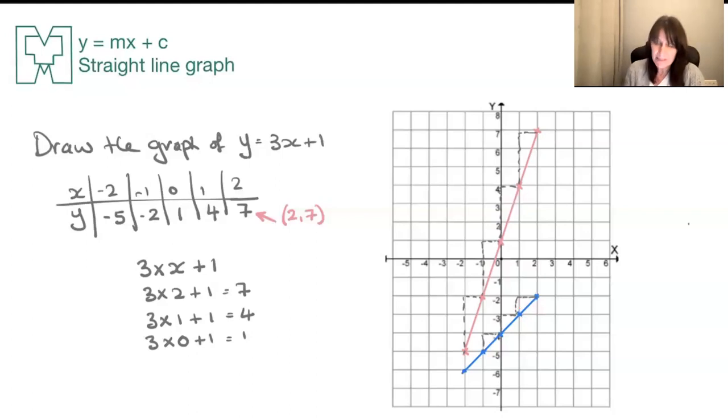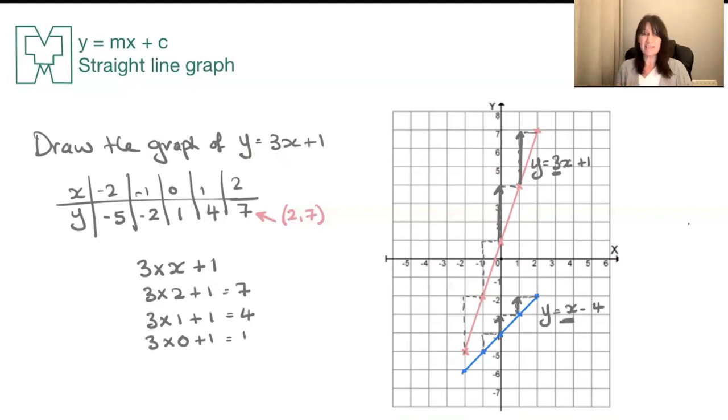It's being influenced by the number here. This line is y equals 3x plus 1, and it's this 3 that you can see here. It's going up 3. Whereas this line was y equals x take 4, it's going up 1, because it's got 1 x there.